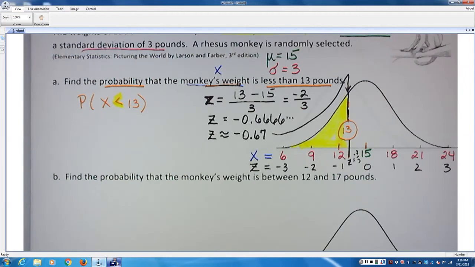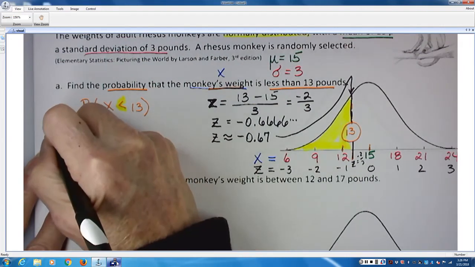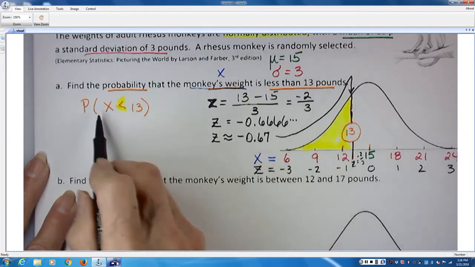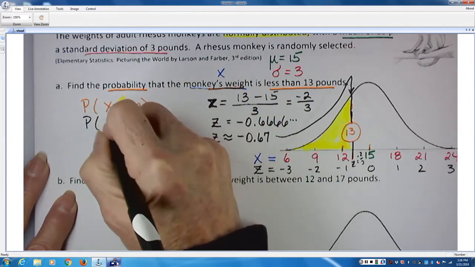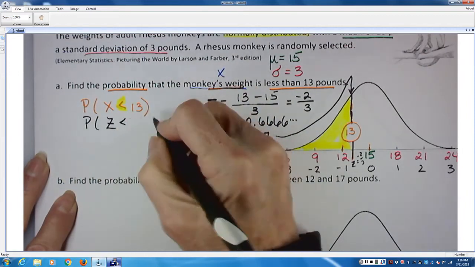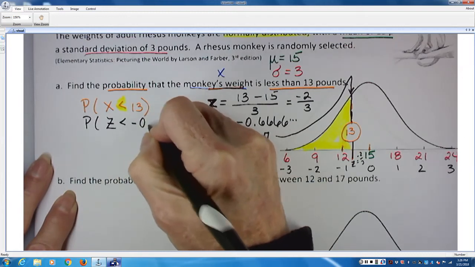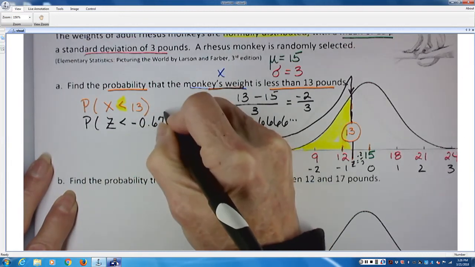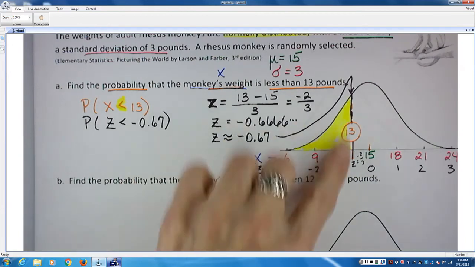So there's actually 2 ways we can answer the question. The first way we can answer the question is we can calculate with a z-score, because the probability that x is less than 13 is the same as the probability that z is less than -2/3 or -0.67. Those two should be the same because it's the same area that we're talking about.